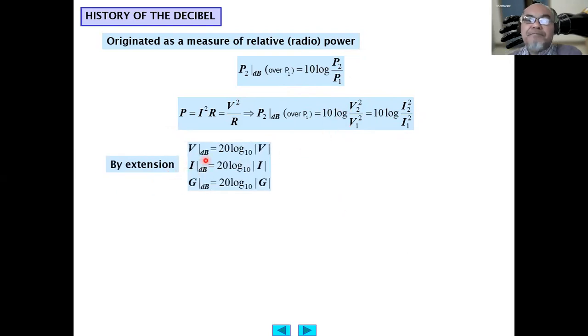That is why the relative voltage in decibels becomes 20 log of the voltage magnitude ratio, current is also 20 log of the magnitude ratio, and the gain is also 20 log, the base-10 logarithm of the gain. Okay.